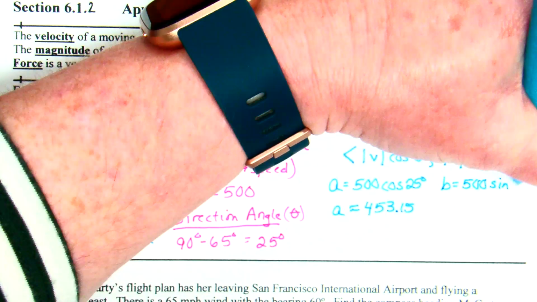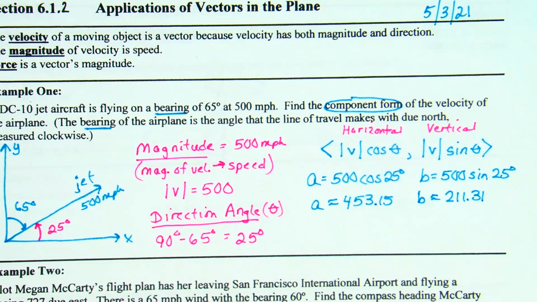Okay. With that in mind, guys, what is my component form? 453.15, comma, 211.31.